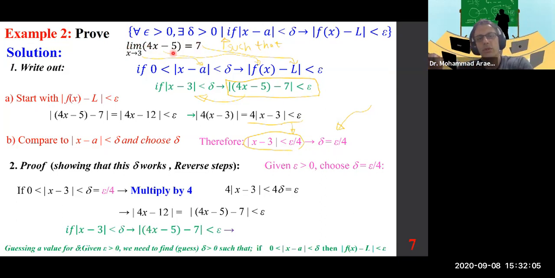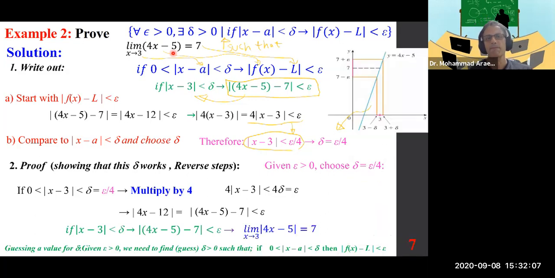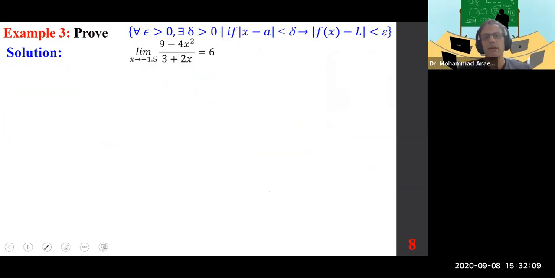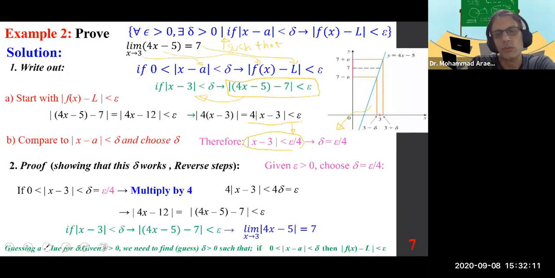So what am I saying? The limit of 4x minus 5 when x approaches 3 is 7. This is not an absolute value, class. Let me just fix that.